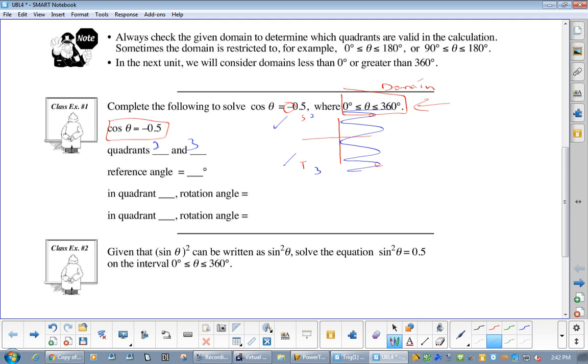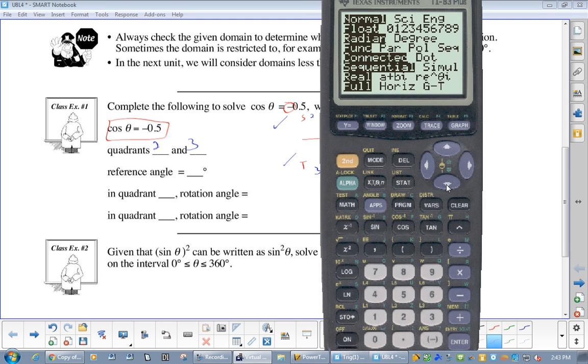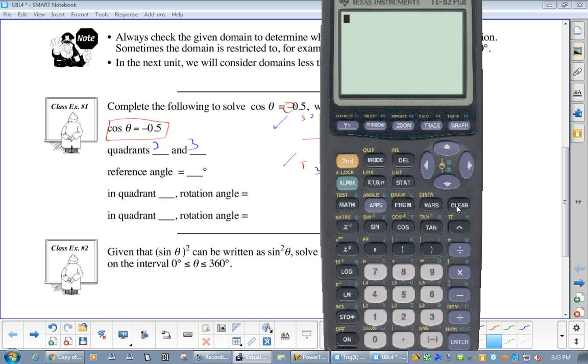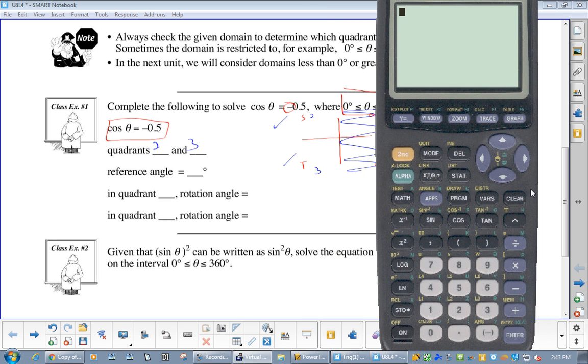So you get your calculator out. Get to degree mode. Then we get out of here. I'm going to clear that because a whole bunch of other stuff was there. In quadrants 2 and 3, well, actually that doesn't matter. I've already figured that out. So now I'm just going to go find the angle. Inverse cos. You always use inverse cos when finding an angle, right? Inverse sine, inverse tan. And I'm going to put 0.5.